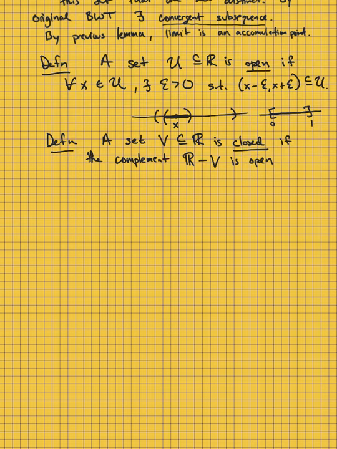So this is saying if you take any element not in V, you can find a little neighborhood which still misses V. Okay, so let me just make some notes.